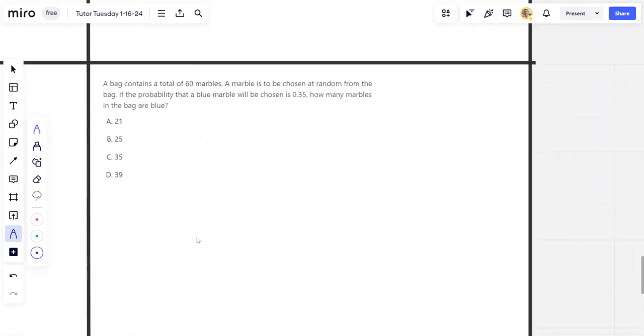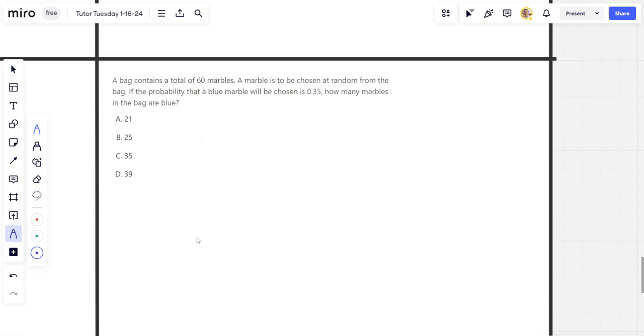Let's see. The way I would think of probability is, yeah, I see an answer in the chat. That's correct. Probability is the number of wanted outcomes over the number of possible outcomes.